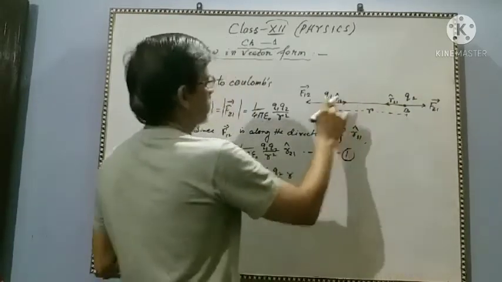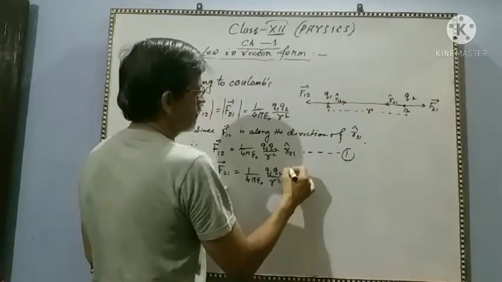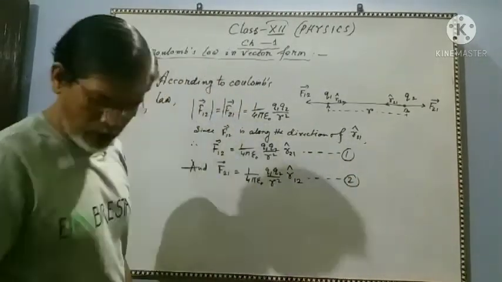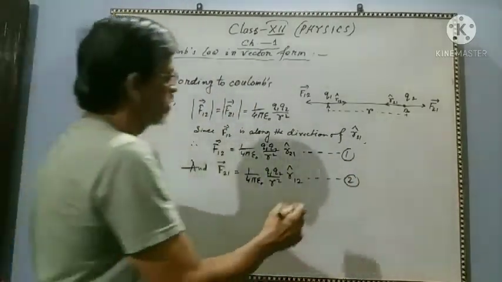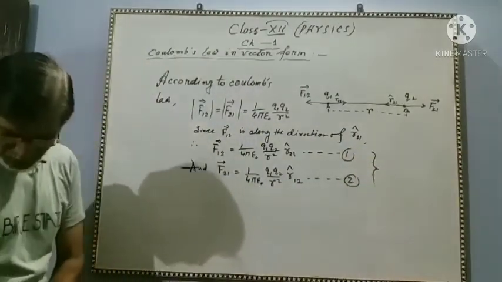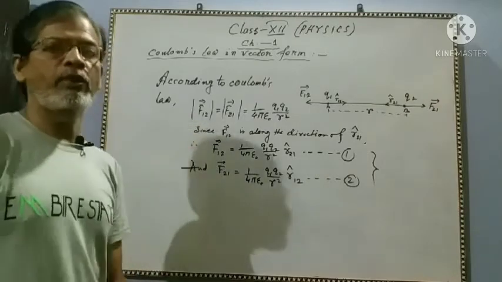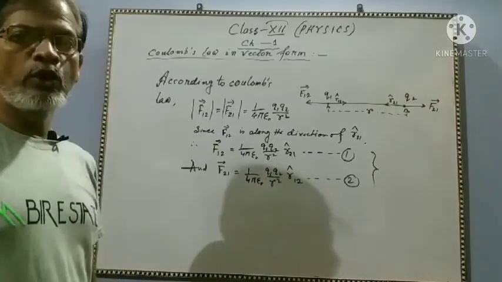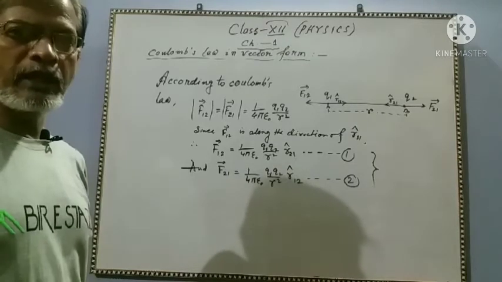Its direction is along this. So these two equations are the expression for Coulomb's law in vector form. These two equations are the expression for Coulomb's law in vector form.